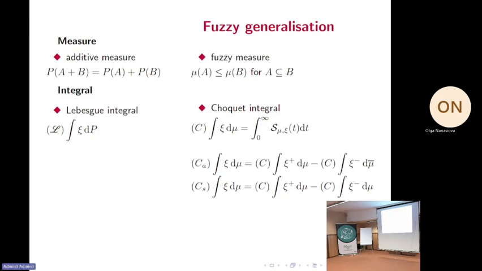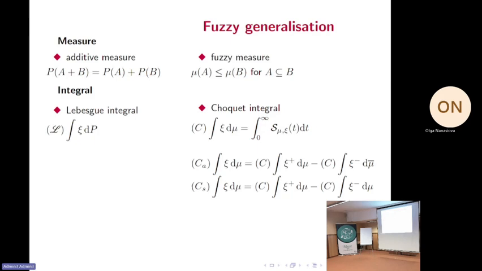Maybe just a quick note. So the original Choquet integral uses survival function, which is somehow complementary distribution function to the cumulative distribution function I mentioned at the beginning with the fuzzy approach. So maybe more proper or better generalization for this concept would be using not this Choquet integral here, but some complementary Choquet integral.